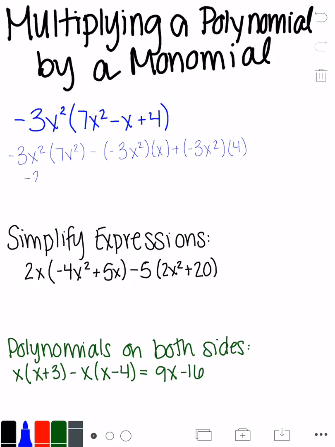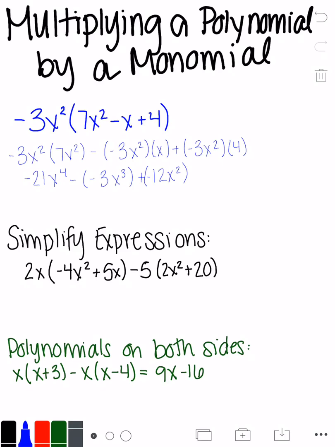So that gives us negative 21x to the fourth, because remember when we're multiplying two exponents that have the same base, which is just x, then we add them together. So minus negative 3x cubed, because we're adding x squared times x, so 2 plus 1 is 3, plus negative 3x squared times 4, which is just going to give us negative 12x squared.